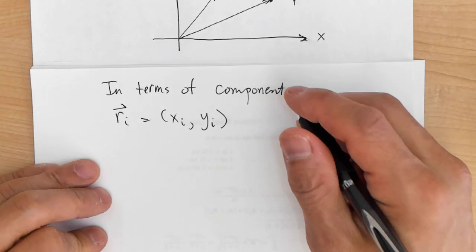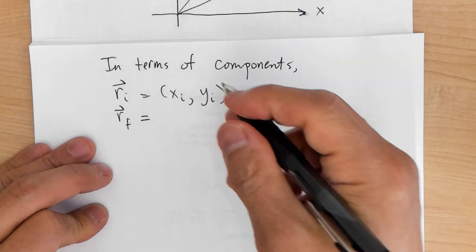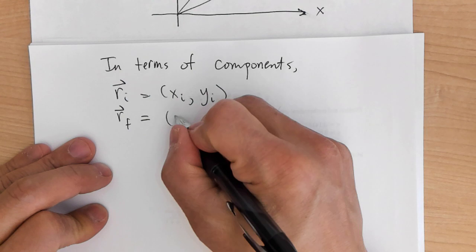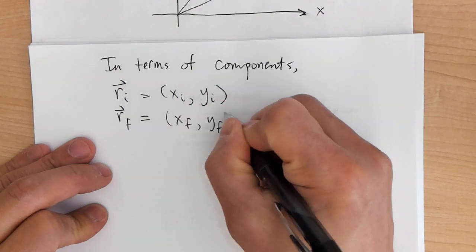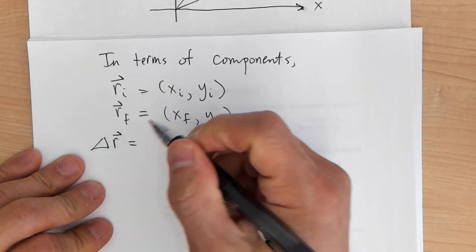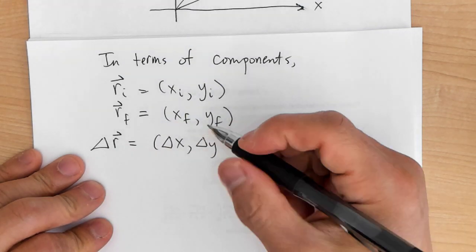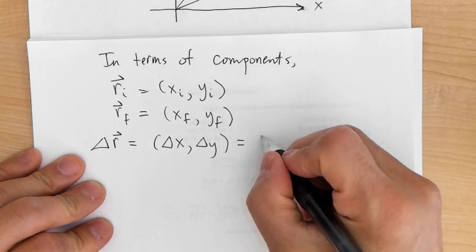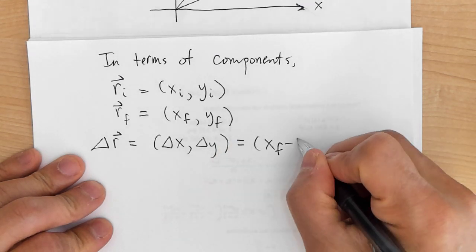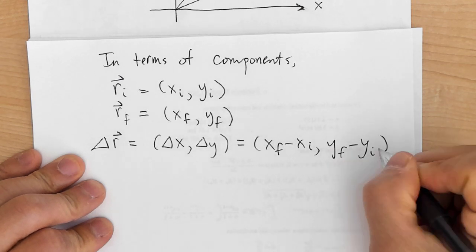If I'm talking about R final, it would be x final, comma y final. Then delta R will have components delta x, comma delta y. This will be the difference: x final minus x initial, y final minus y initial.